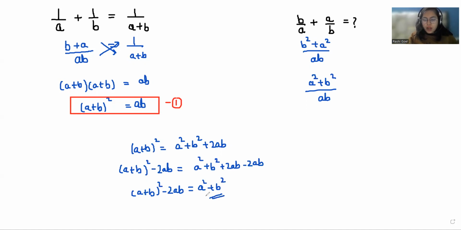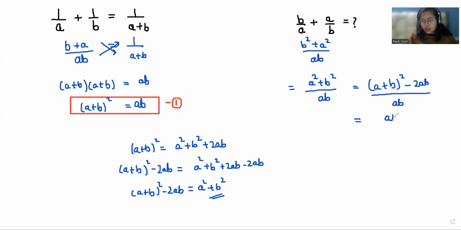So from here, the value of a² + b², we can write it as ((a + b)² - 2ab)/ab. Now from equation number 1, the value of (a + b)² is ab.